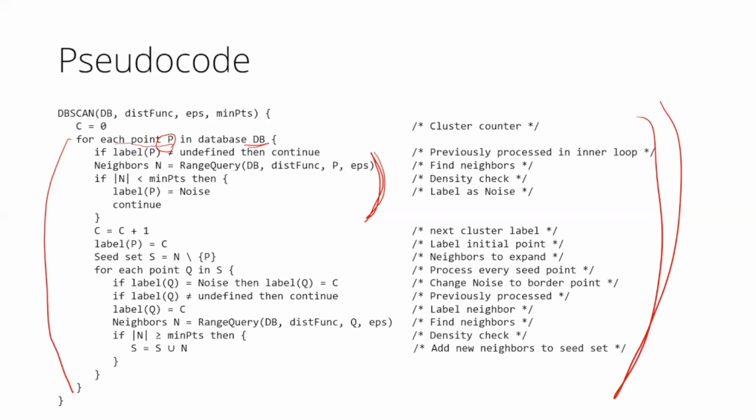And then from there, there is another for loop that runs within this, which basically says, if point Q is density connected with the point P, then the point Q should belong to the same cluster C as the point P, okay. So this is basically the full implementation of the DBSCAN algorithm.